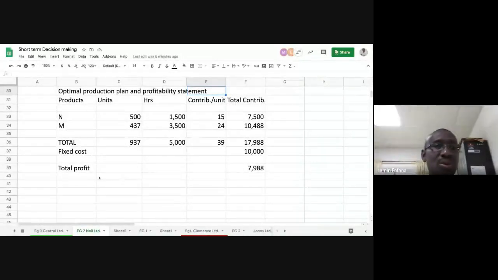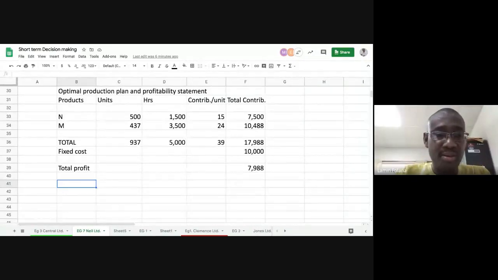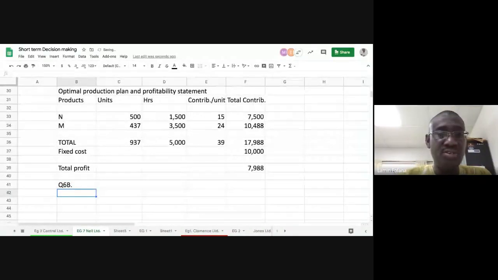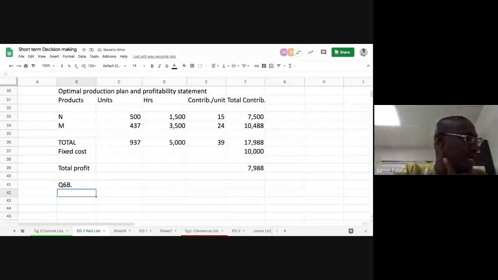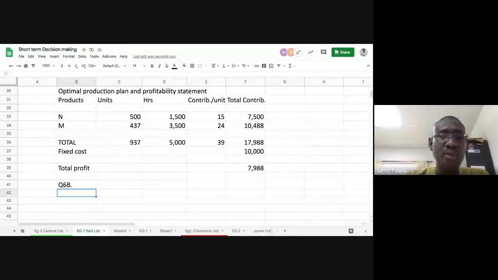So let's say question 6B. We're going to do it under here. Let's do a bit of a test. We all agreed that we don't have any choice except to get it from outside.